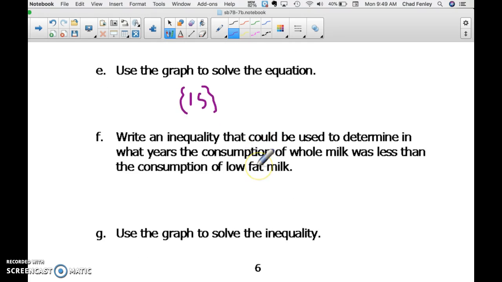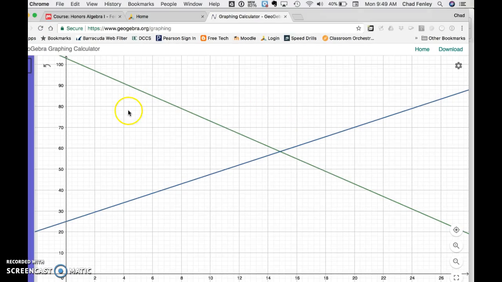Then it says write an inequality that could be used to determine in what years the consumption of whole milk was less than the consumption of low-fat milk. Coming back to the graph, the green line is whole milk and the blue line is low-fat milk.